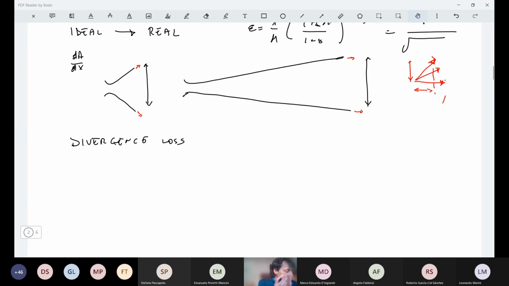So it means that in the momentum balance, only the component in the thrust direction matters. And here we are distributing part of the momentum in a direction, the radial one, where it provides no contribution to thrust.